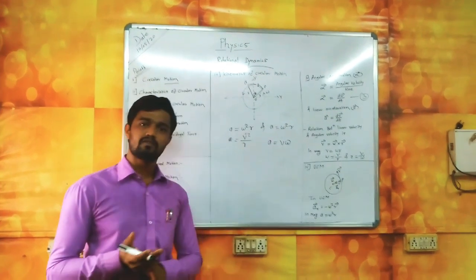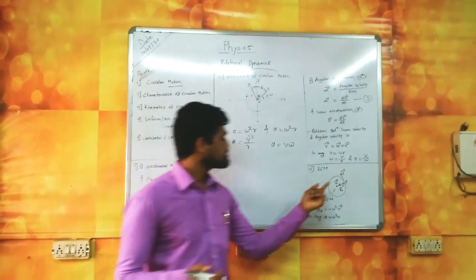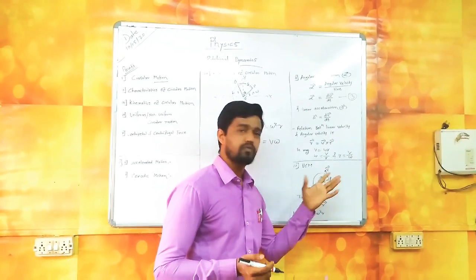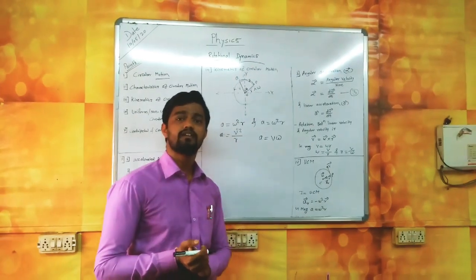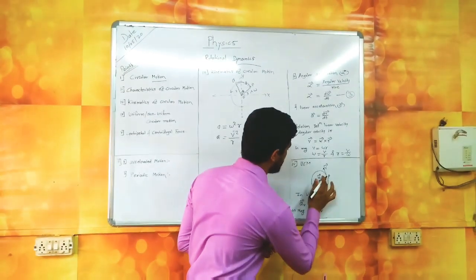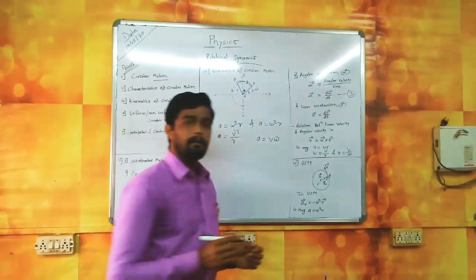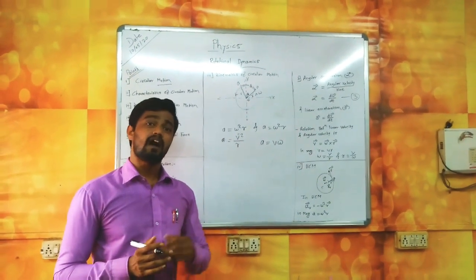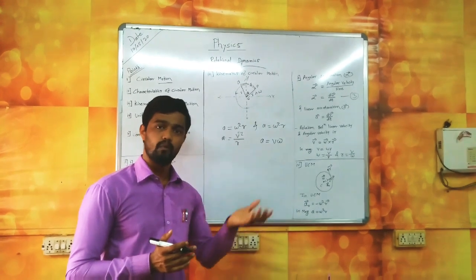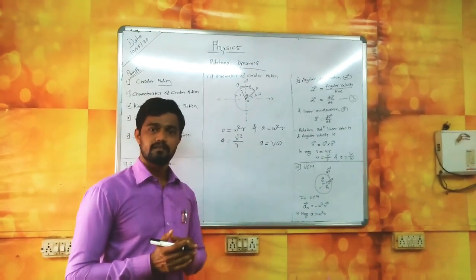Non-uniform circular motion is when the force is directed outward. The particle is moving away from the center.